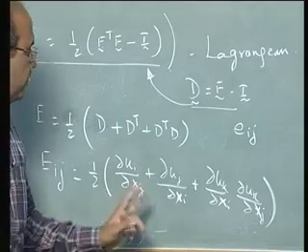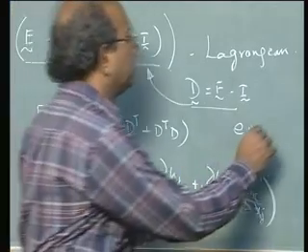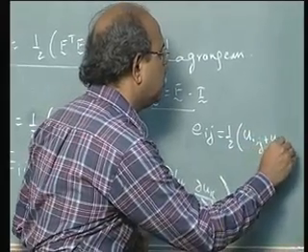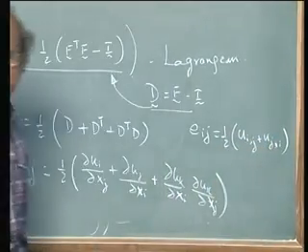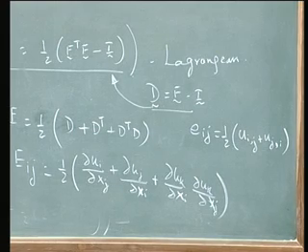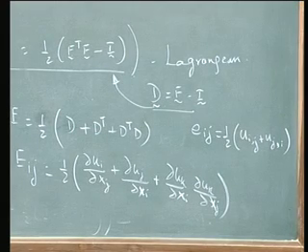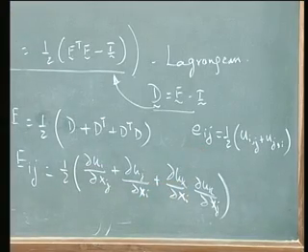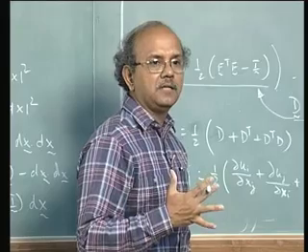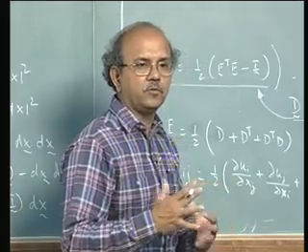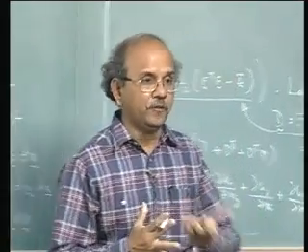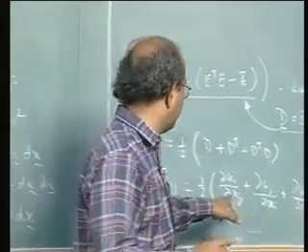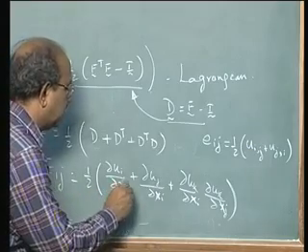Now, your definition, if you remember, for eij was half into ui comma j plus uj comma i. That was the definition for small strain. So see how it reduces to that. If small x and capital X are not very different, in other words, deformations are infinitesimally small, then I can replace all the capital X by small x.